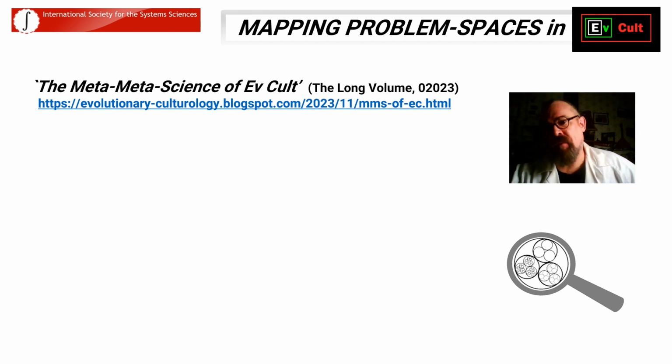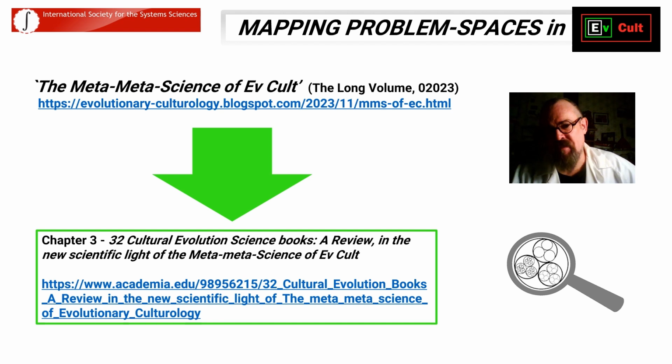Next. And as for mapping problem spaces in domains, in Ev Cult, we've got a lot of different ways of doing that. In the book called The Meta Science of Ev Cult, which is the long volume, over 1 million words, over 3,000 pages, there's in chapter 3, which is a review of 32 cultural evolution science books, a diagram of a wholly adaptive fitness landscape, which is one way to map the problem space of a domain in culture.